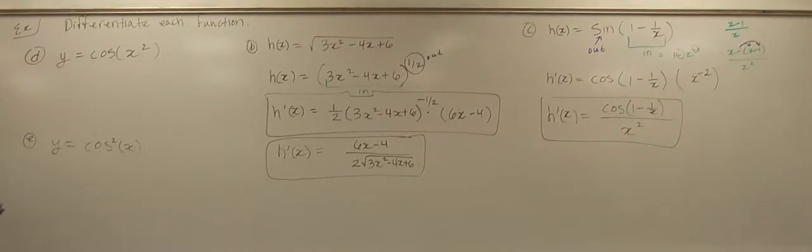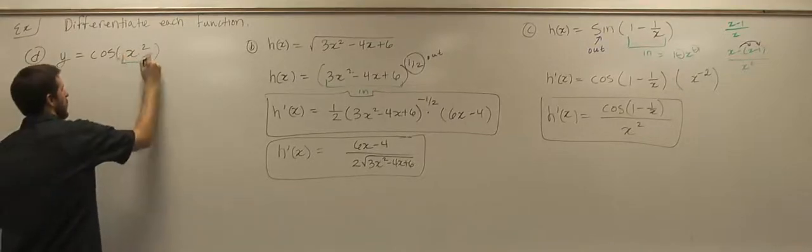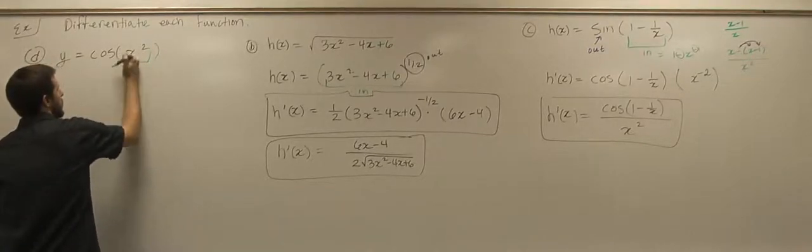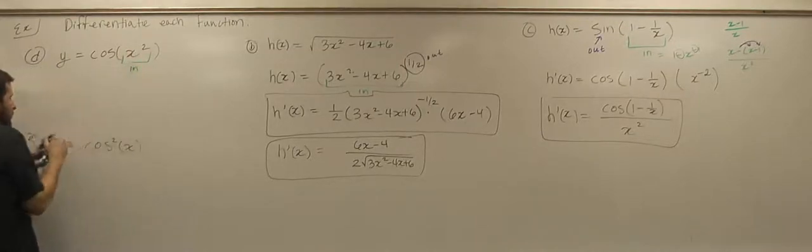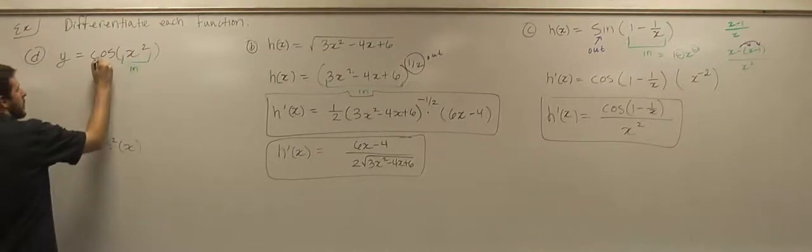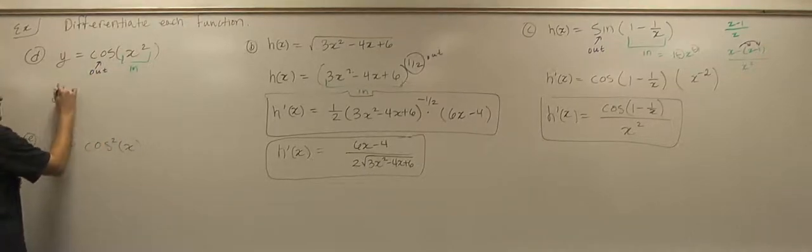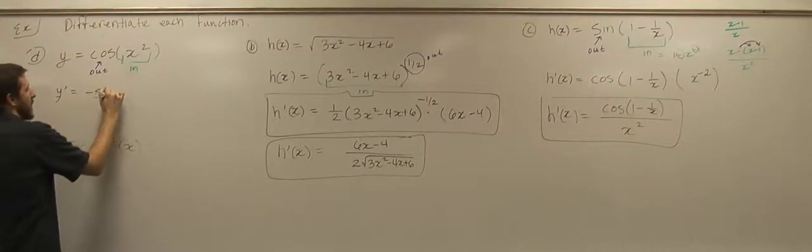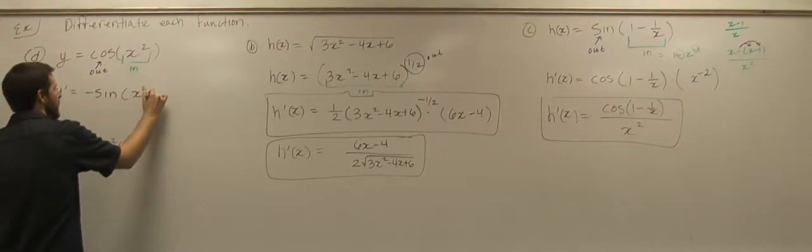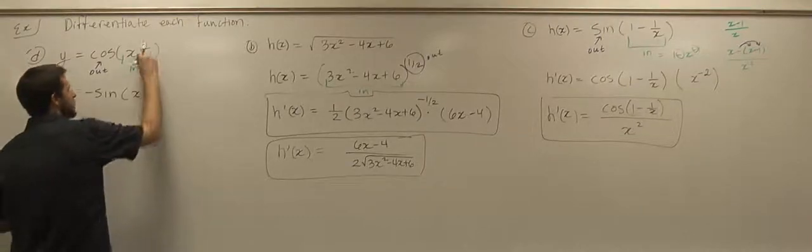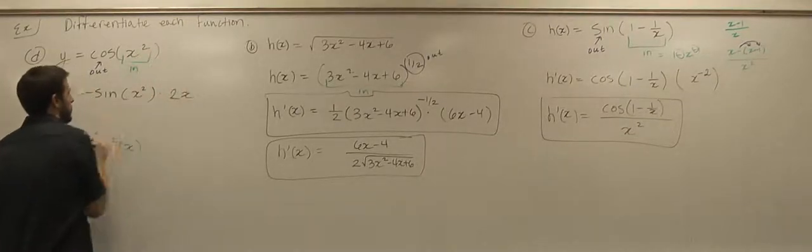All right, so on this guy, inside is x squared, outside is cosine. So you do the derivative of the outside first: negative sine, keep the inside the same, times the derivative of the inside, 2x.